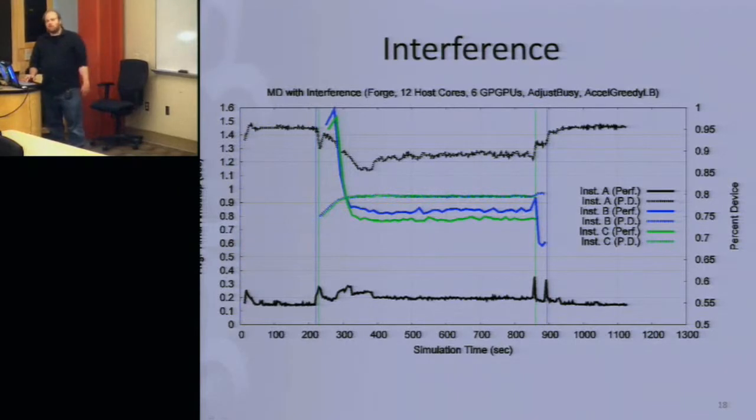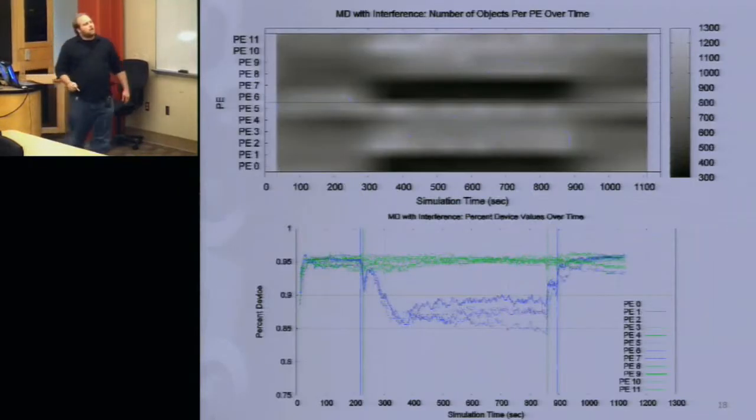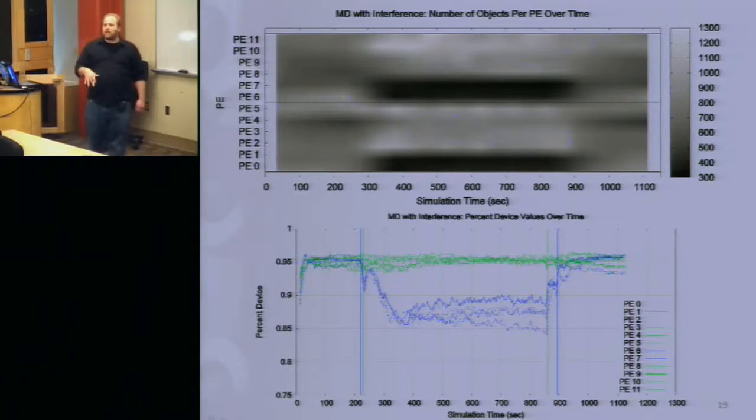So this might be particularly useful on things like workstations where the resources are shared. This is the same data. This is essentially all of the percent device values. Every PE has a row. It's kind of blurry, but the color indicates how many objects are allocated to that PE. At first, everything's basically similar.